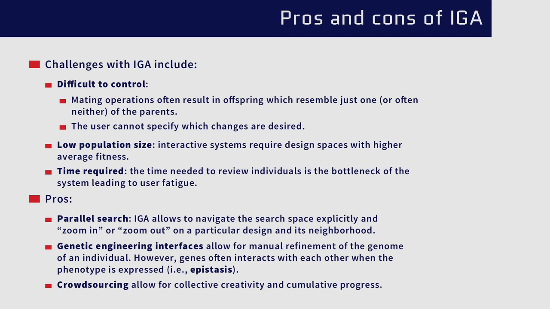Sometimes it is possible to manually refine a genome through so-called genetic engineering interfaces, as we saw with the electric chip system. However, in most representations, genes interact with each other when the phenotype is expressed, a phenomenon known as epistasis in biology. This makes it difficult to predict the actual change that a single gene will cause.